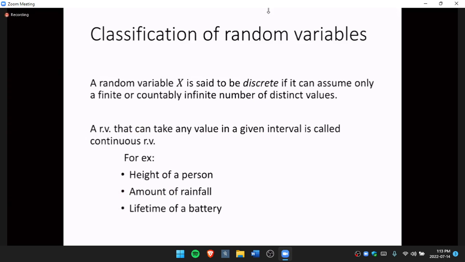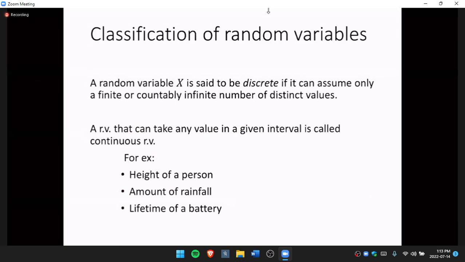Now, classification of random variables. As we discussed in the first chapter, there are two types of variables. It can be either a discrete or a continuous variable. Can you remember that?